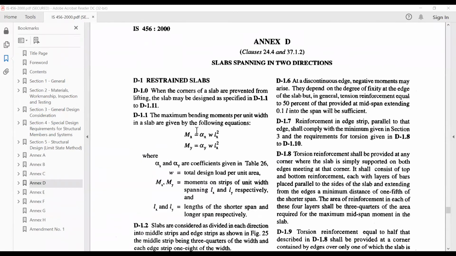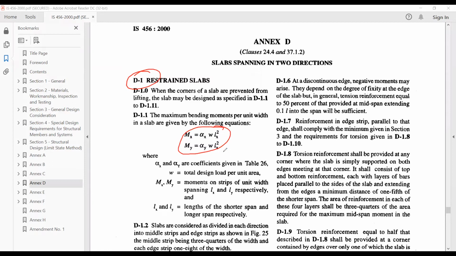This is Annexure D, which we will be following for designing restrained slabs. You can see this is the clause that we are following, and these are the formulas that we are using for calculating the values of Mx and My.